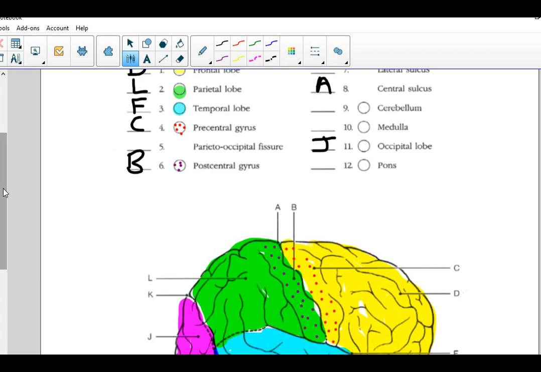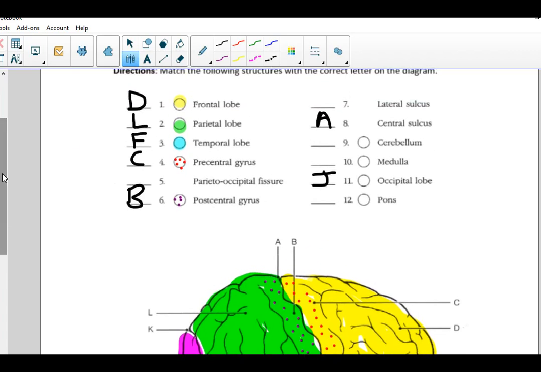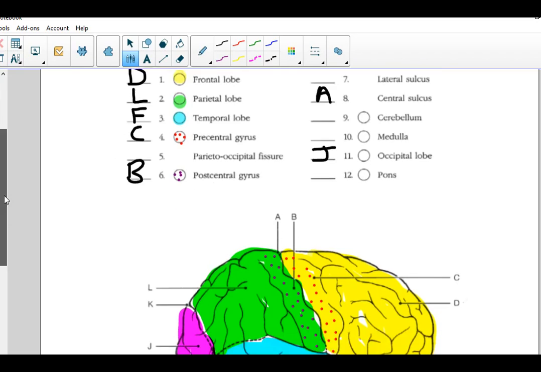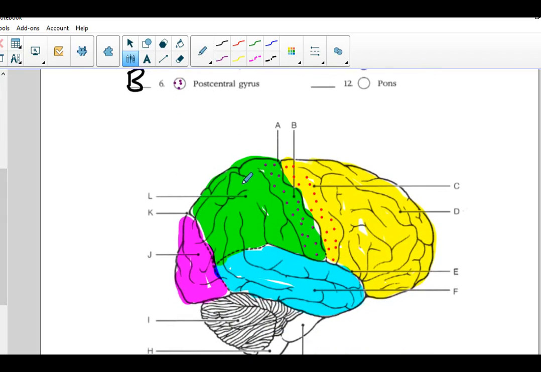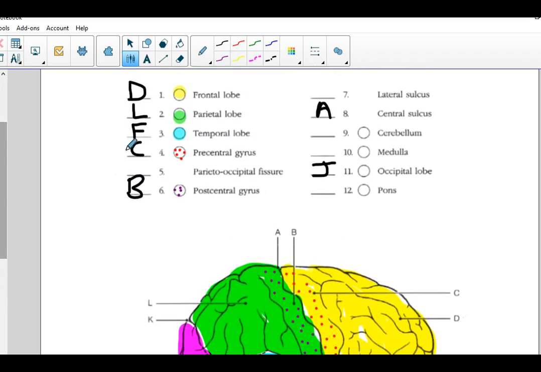So let's go forward with identifying some other structures. We have a parieto-occipital fissure that we're looking for. Parieto-occipital, so it's in between the parietal lobe and the occipital lobe. If we come down, here's the parietal, here's the occipital. The fissure is indicated by letter K, which is this line right here, and that separates those two lobes from one another.